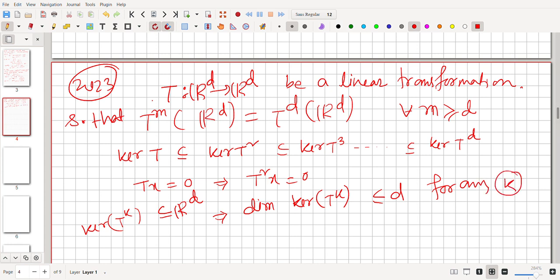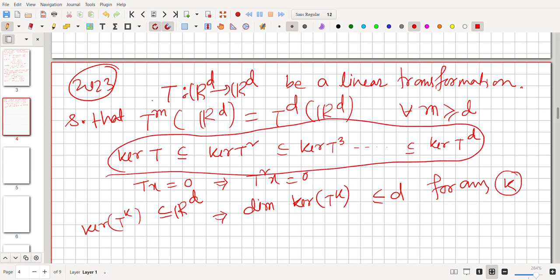You have this chain of inclusions. Now even if all the inequalities are strict, then you can see that the dimension of the kernel of T to the power d becomes d. Why?